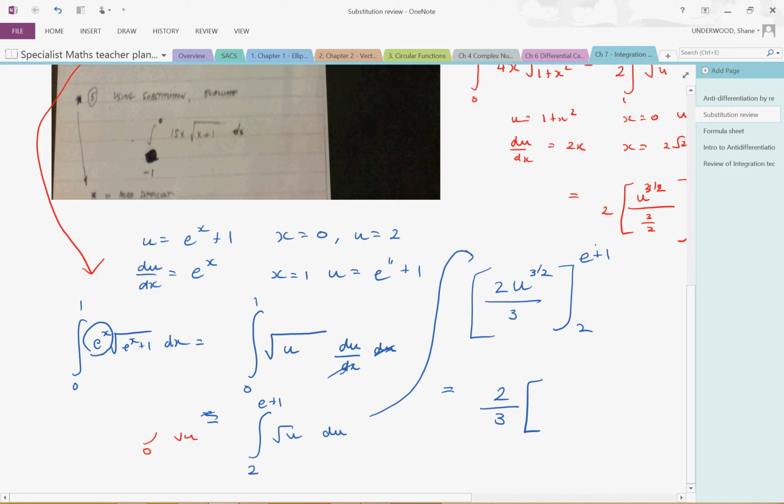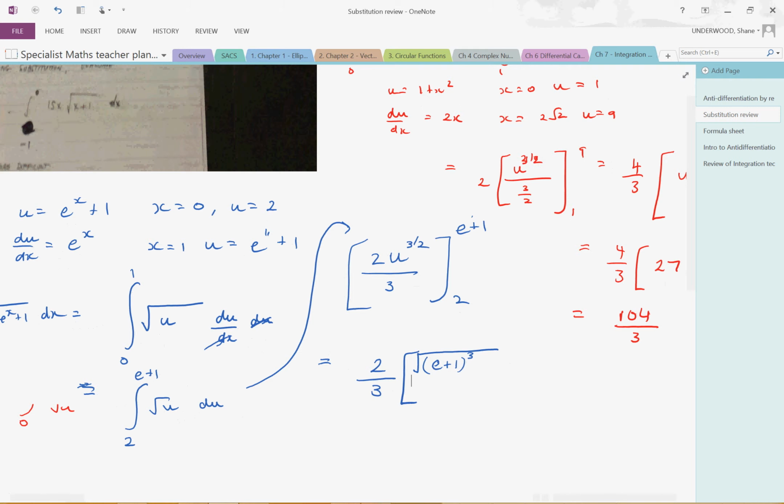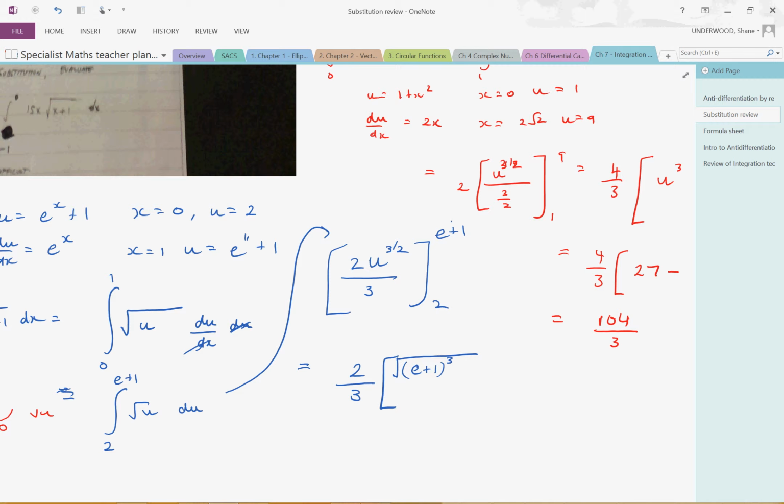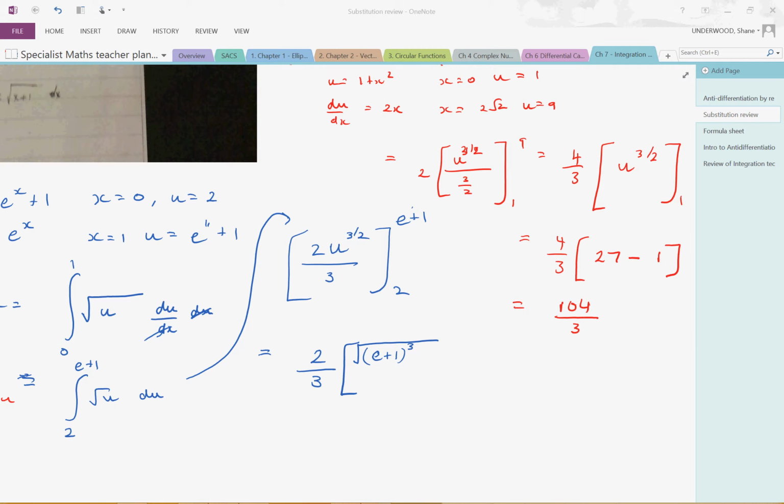And we want to have e plus 1 cubed, we want the square root of that, minus the square root of 2 cubed, or root 8 if you like. So minus root 8.